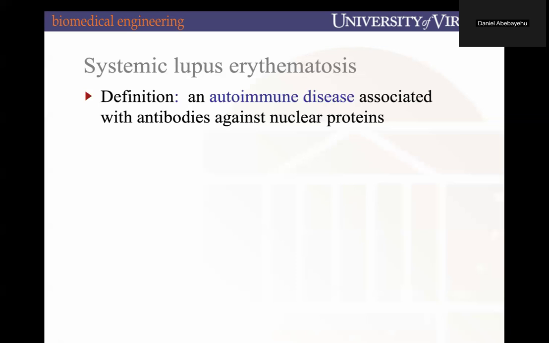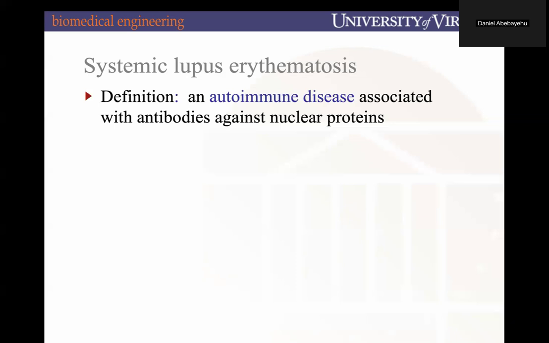Does anybody want to take a moment to define what an autoimmune disease is for us? Yeah, exactly right. It's where the immune system attacks its own body. Typically, our immune system is designed to distinguish between self versus foreign. Another way to describe autoimmune disease is where the self is identified as foreign and typically attacked.